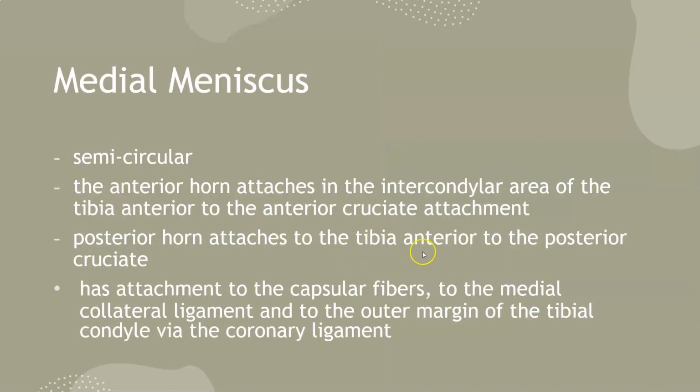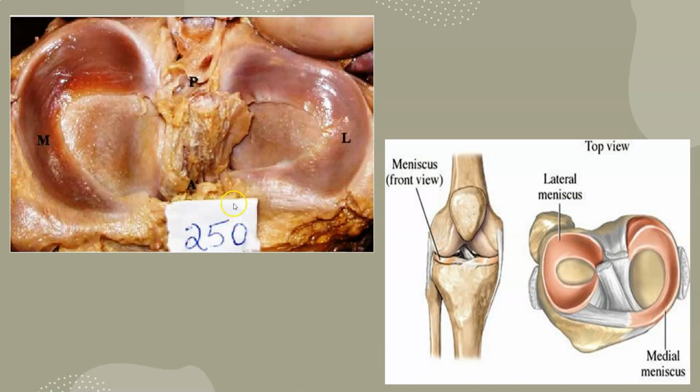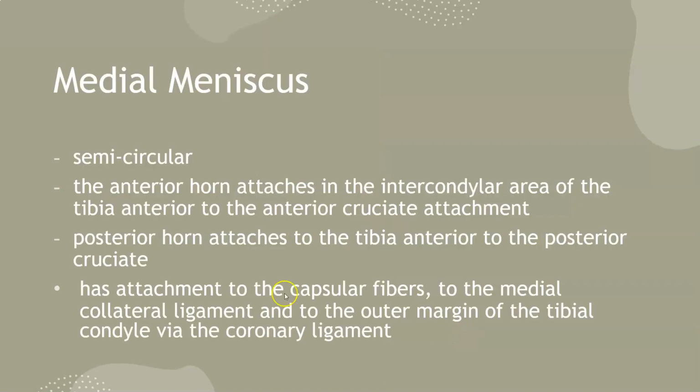The anterior horn attaches in the intercondylar area of the tibia anterior to the anterior cruciate ligament. We can see it here, and it's anterior to the cruciate ligament.